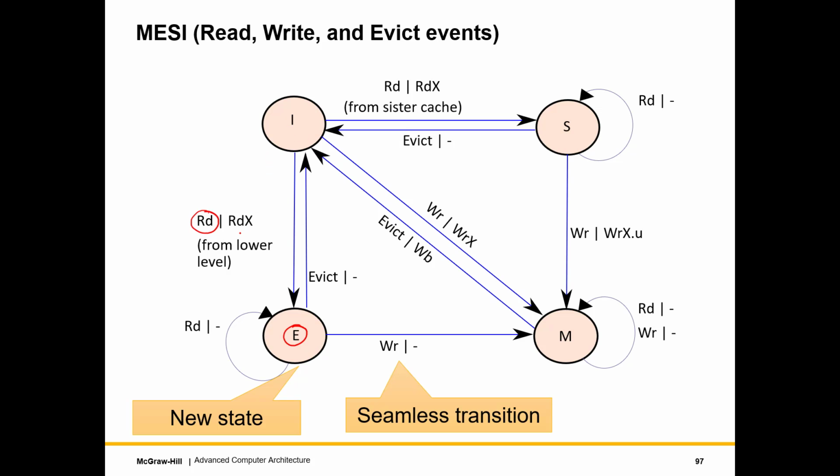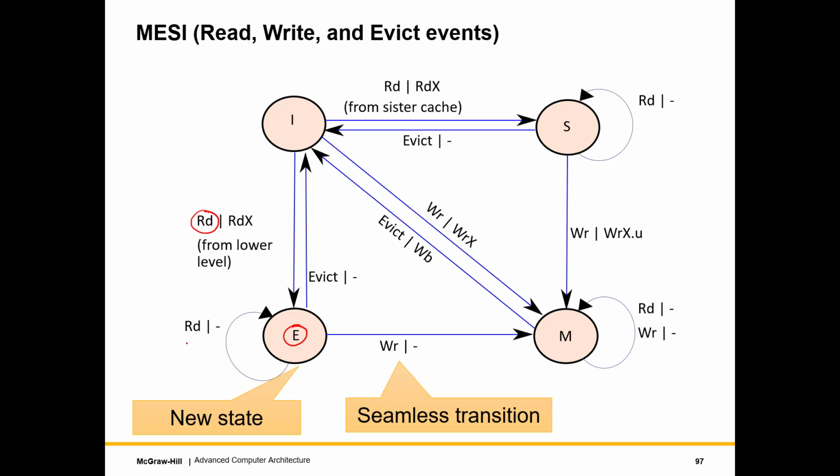But in this case, if a read is being made from the lower level after sending a read miss message, it clearly indicates that no other cache has a copy, right? So if no other cache has a copy, we directly transition to the exclusive state.